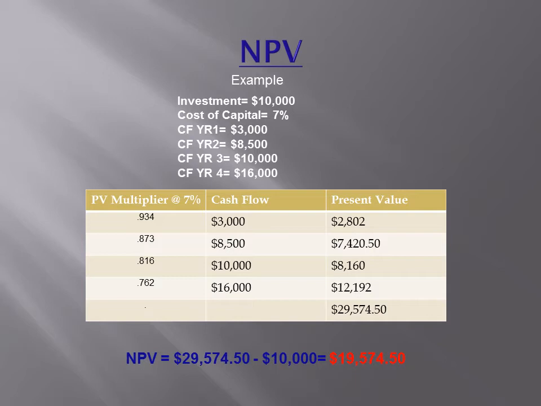So how does it do that? If I were to ask you, tell me what the present value of $1 would be today, 5 years from today, at a 5% cost of capital.